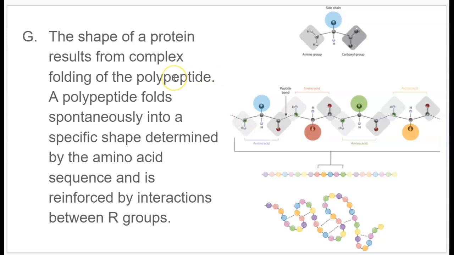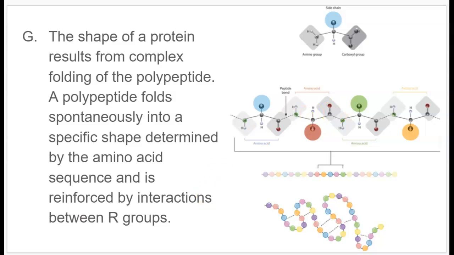So the shape of that protein, now that we have that polypeptide chain, is going to happen because a polypeptide is going to spontaneously, meaning the cell doesn't really have to do anything, form into a shape that's been determined by the order of the amino acid chain. And it's reinforced by the interactions between the R groups of different amino acids.